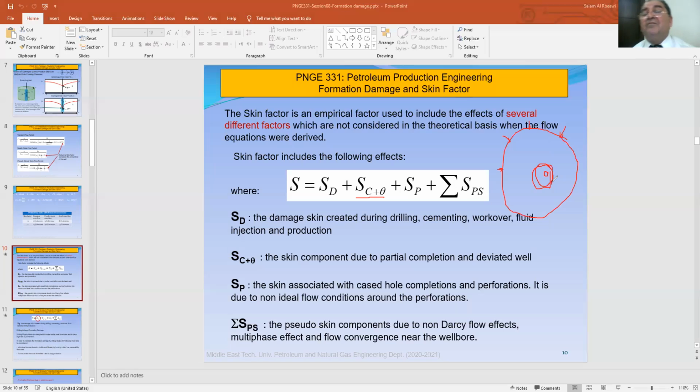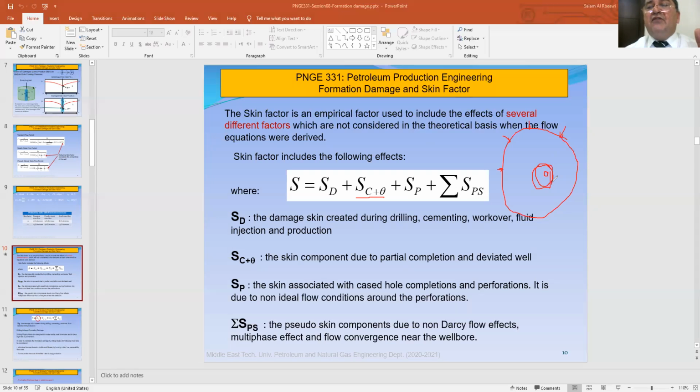Because of that, there will be more pressure drop, because we are moving from the kind of laminar flow to the turbulent flow. We are moving from Darcy law to non-Darcy law.